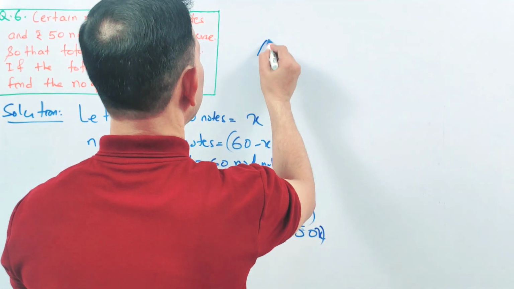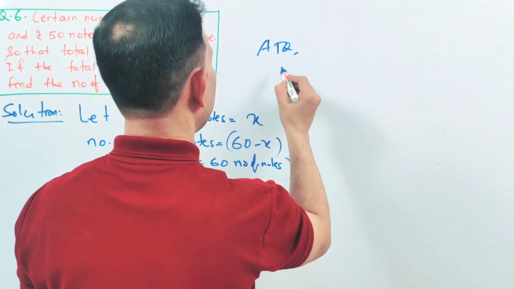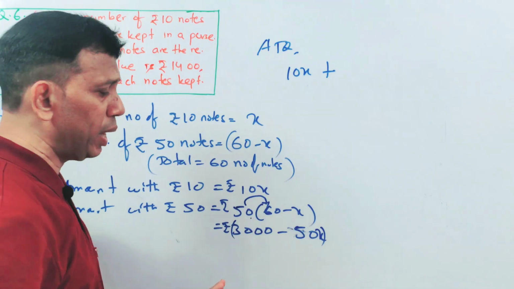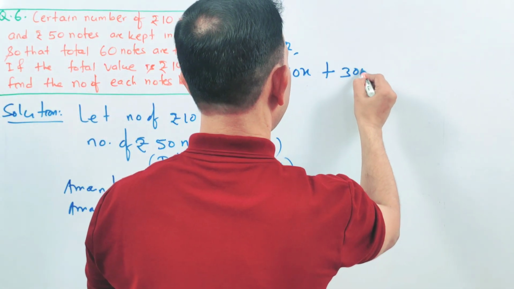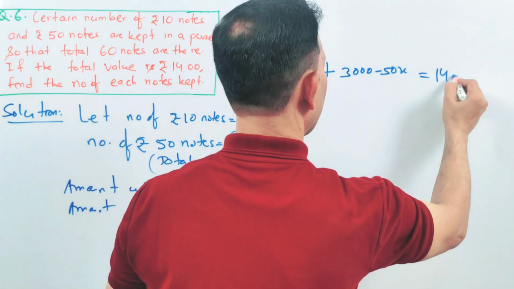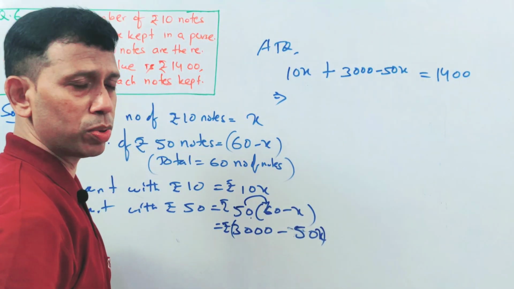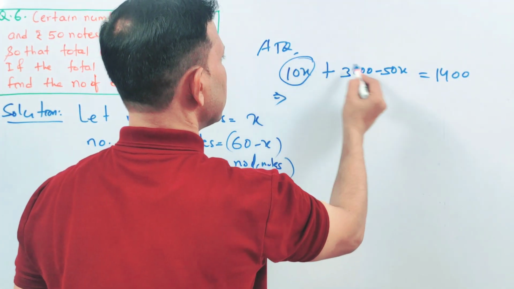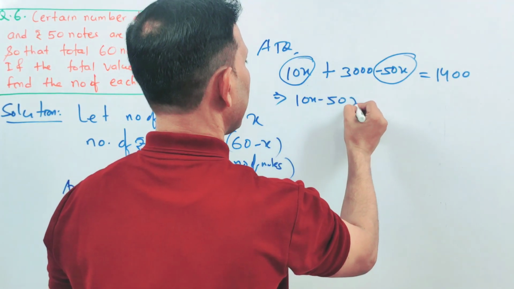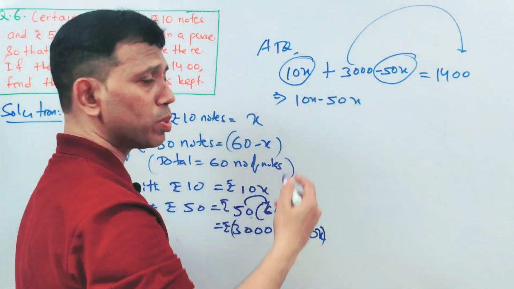So according to the question, the total money is 10x plus 3000 minus 50x, and the total given is 1400, right? Now your job will start here. 10x minus 50x are like terms, and this 3000 is added here. If you take it to that side, it will be subtracted.